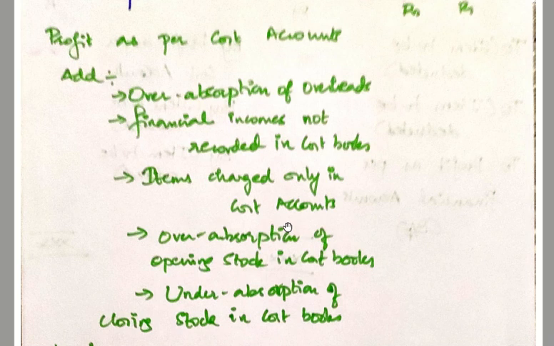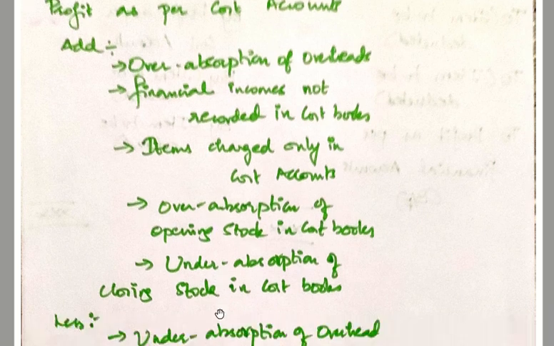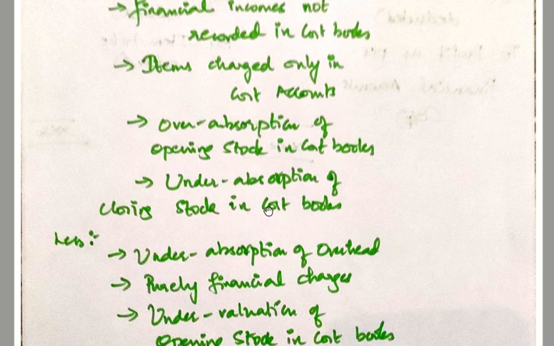Items charged only in cost books, like your notional rent or interest on capital, which are charged only in your cost book but not in your financial books, will be added. Then over absorption of opening stock in cost books: if the opening stock in cost books is more than the financial books, then that will be added. Under valuation of closing stock in cost book: if the closing stock in cost books is undervalued compared to your financial book, then that will be added.